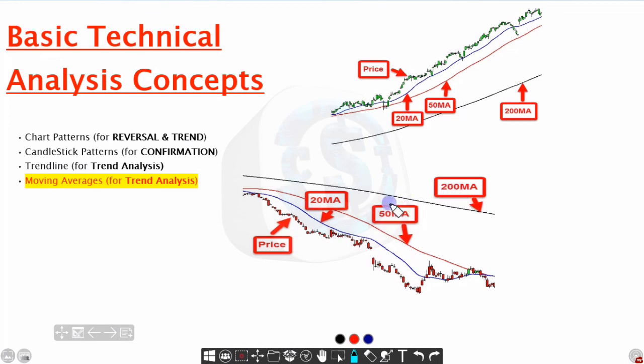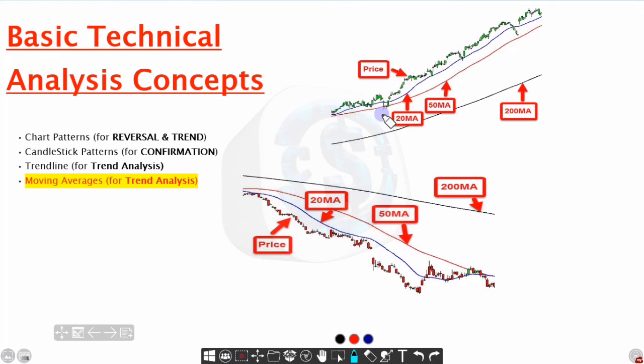When the longer period MA is above the other ones and the shorter one is below the rest, then you say that the price is in a downtrend. If the opposite is the case, then it is an uptrend. It can help you define the trend very easily.